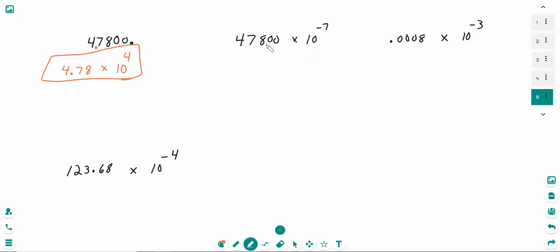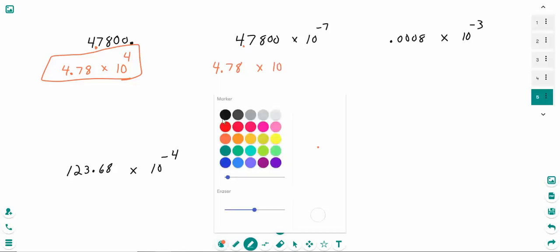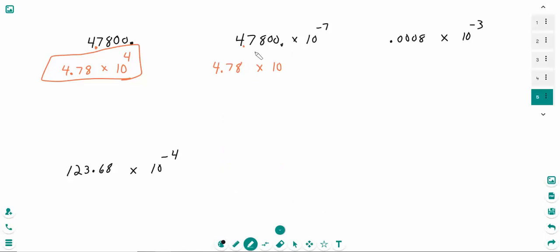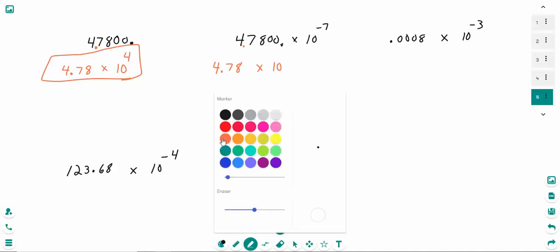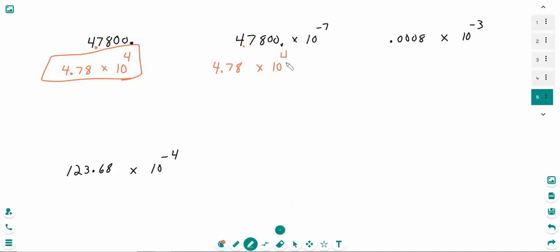Here again, it's the same number. We still want that decimal point right here. So we're going to rewrite it, 4.78. Okay, and we're going to multiply that by some 10. And actually, it's what we have over here. The decimal point was right here. So to get it back, we have to move 4 places to the right, which means we're going to use the positive exponent.